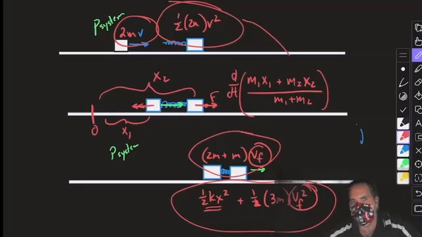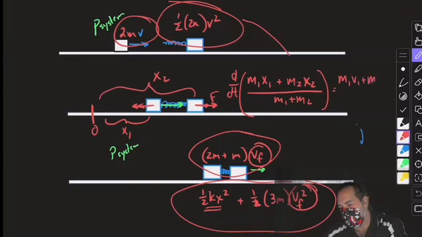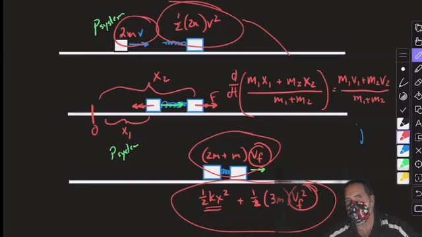What's the derivative of this with respect to time? This is the velocity of the center of mass. You just take the derivative of the position.